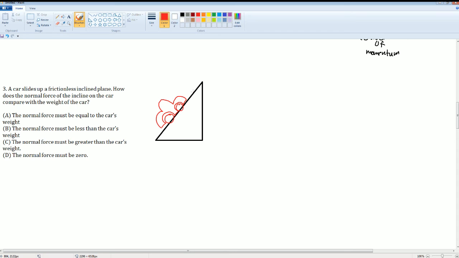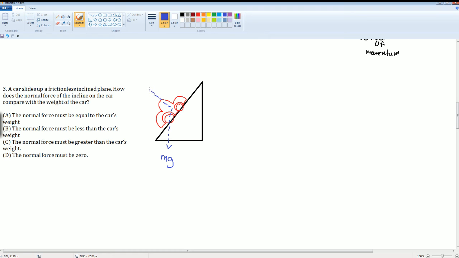Okay, this is a very interesting question. So let's just give its components. So we have here, going down, just mg, the force of gravity. Then we have its component forces.